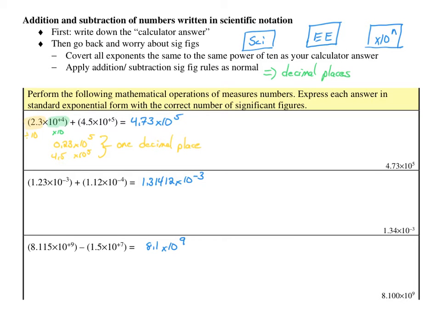So 1 decimal place is what we're limited to. So our final answer is 4.7 times 10 to the 5th power. And I see here that there's a mistake in this version of the handout, so make note of that. But the correct answer is 4.7 times 10 to the 5th power.